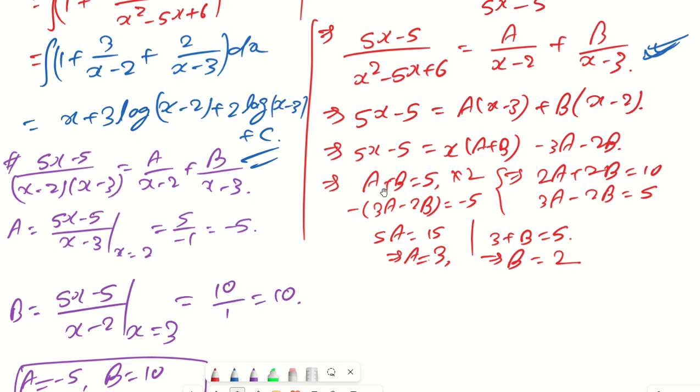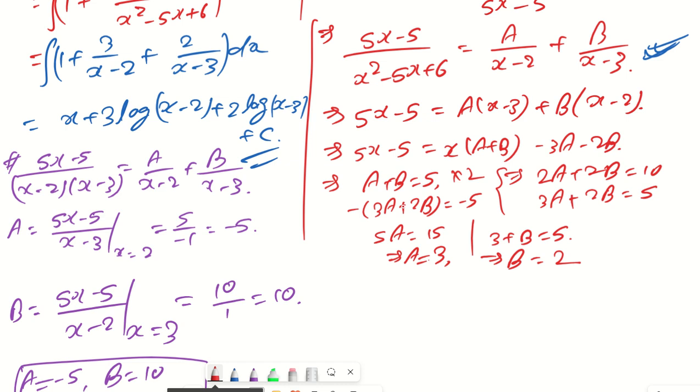Then a plus b is equal to the coefficient of x, that is 5, and then minus of, we have a problem here: I took minus common, so inside it should have become plus. So 3a plus 2b should be equal to minus 5. It means 3a plus 2b is equal to 5.